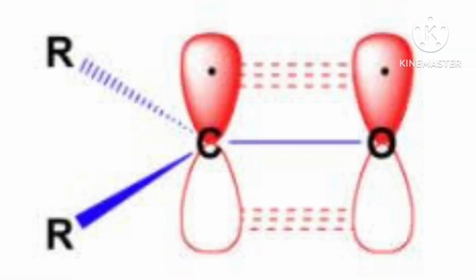This is the other structure. Then one is neutral because no charge was there, C double bond O, no charge is there, that's why it is neutral. And the other is a dipolar structure, means now oxygen is negative and carbon is positive. This is the second structure.